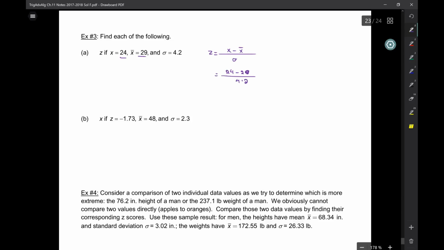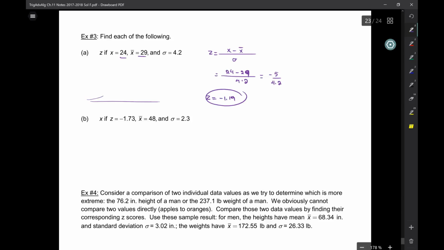This is 29, so that's negative 5 over 4.2. And that's negative 1.19. What does that mean? It's 1.19 standard deviations below the mean.